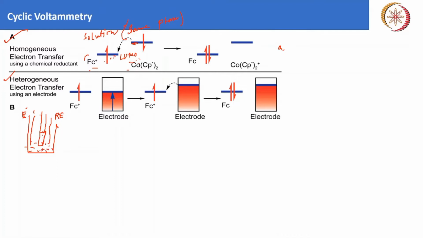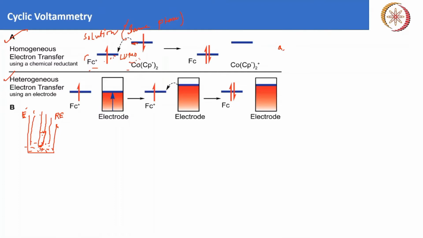These are solid state and this is in solution, so they are two different phases. It is called heterogeneous electron transfer because the electron transfer occurs at the electrode surface, which is a solid, and the analyte, which is in the liquid state.